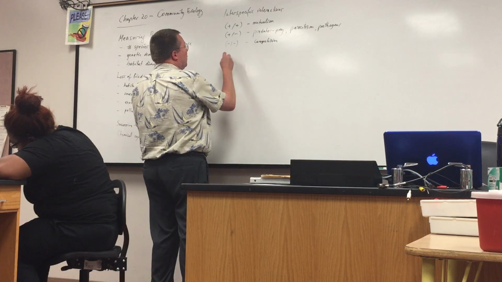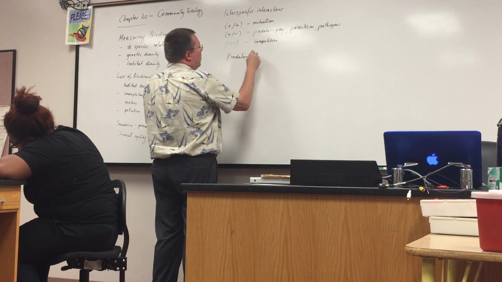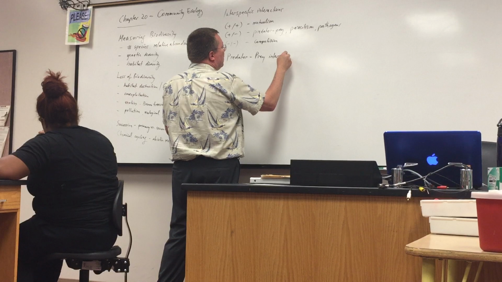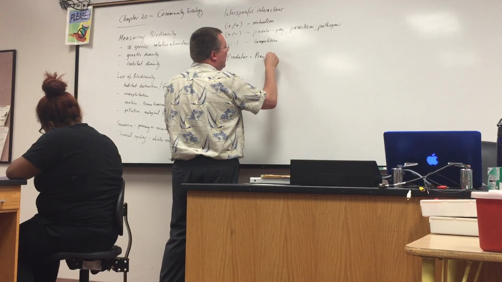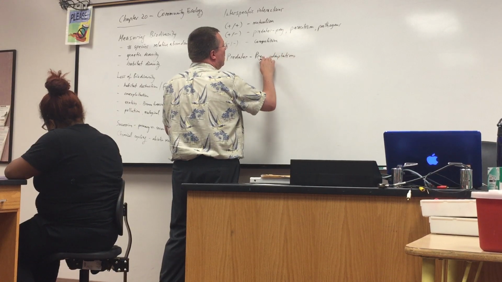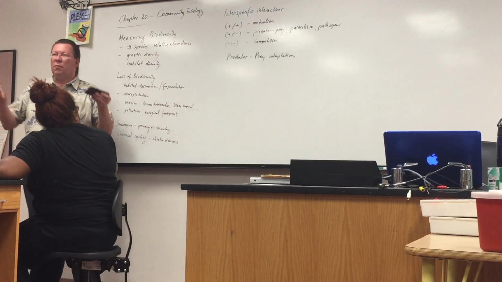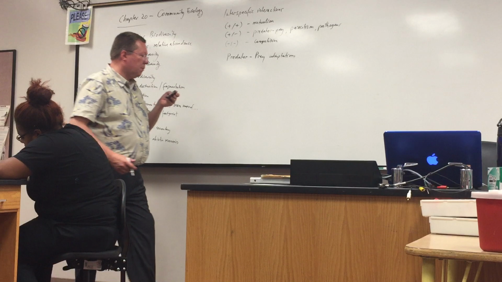And so you find, for example, when you come to predator-prey interactions, or let's call them predator-prey adaptations, a variety of things that the two will do so that they can improve in their relationship with the other.